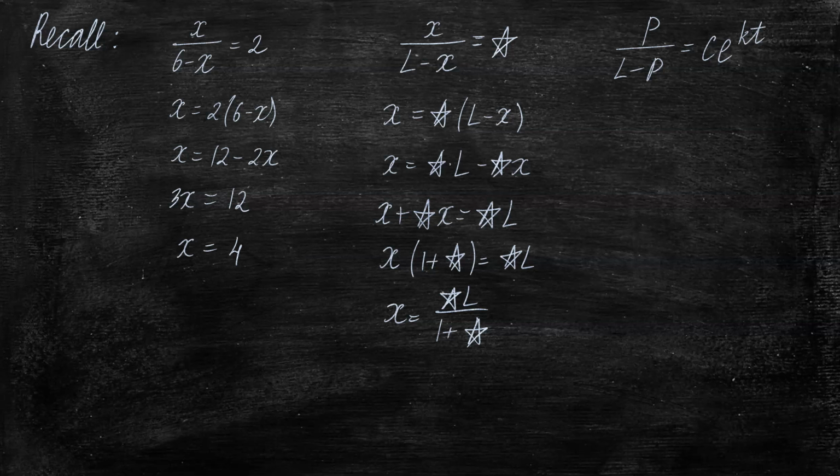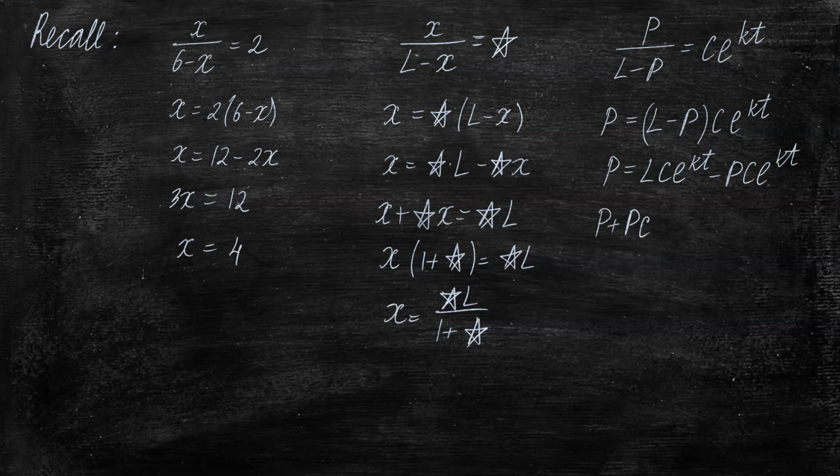we're going to multiply both sides by L minus P. We're going to distribute. We're going to add. And we're going to factor out P, and we're going to divide.